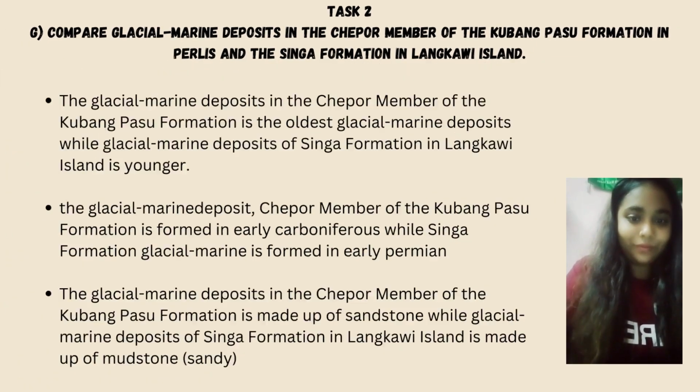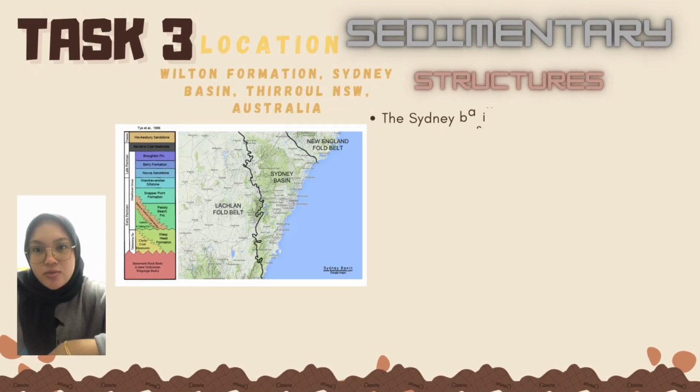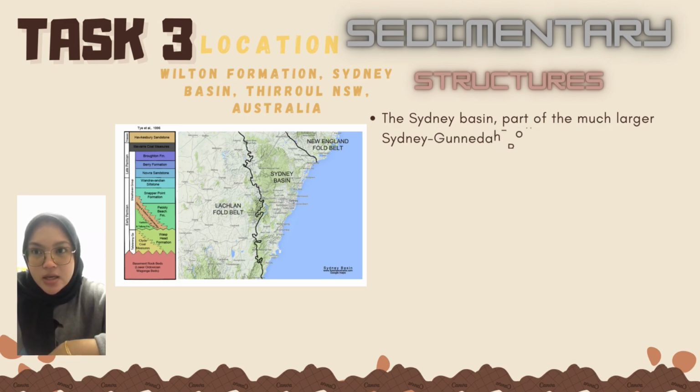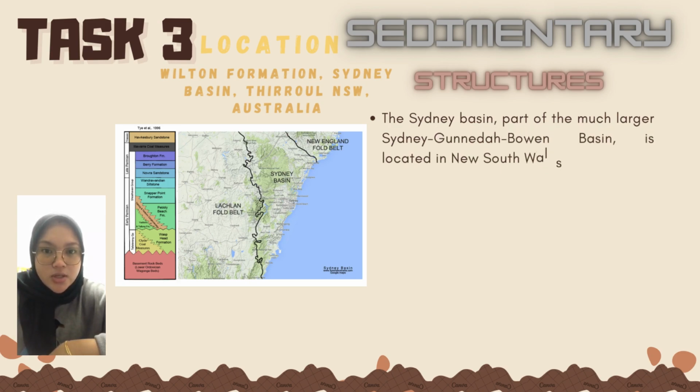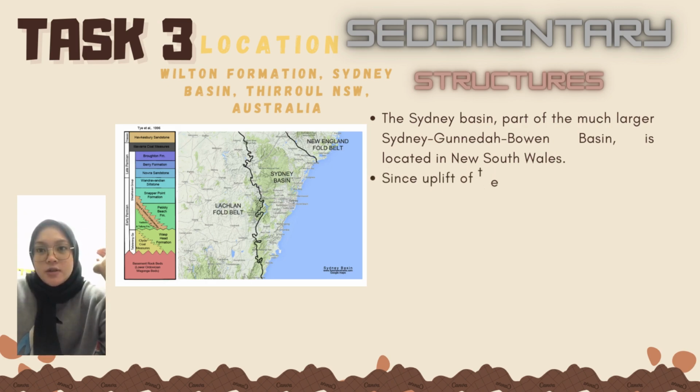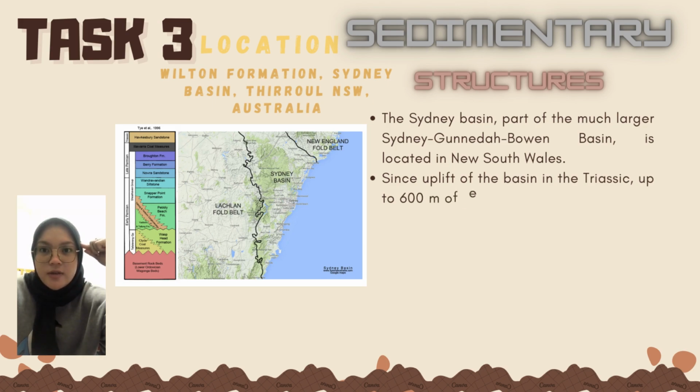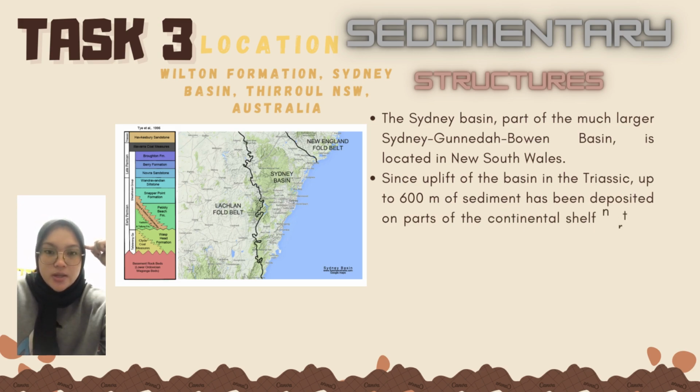Thank you. Now I will continue with task 3, the location at the Sydney Basin, with the Wilton Formation. For sedimentary structure, the Sydney Basin, part of the much larger Sydney-Gunnedah-Bowen Basin, is located in New South Wales.